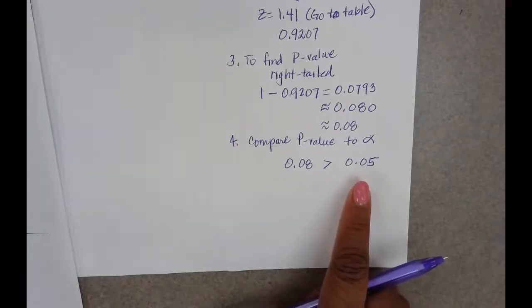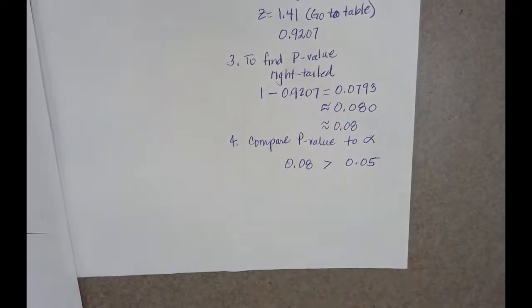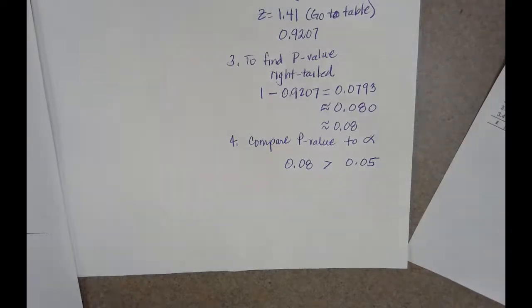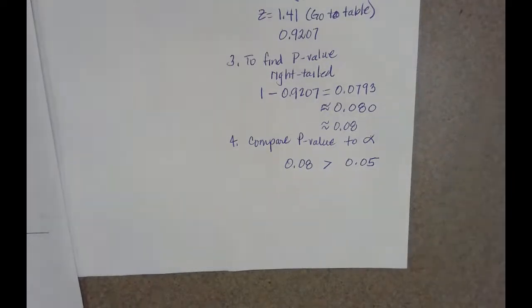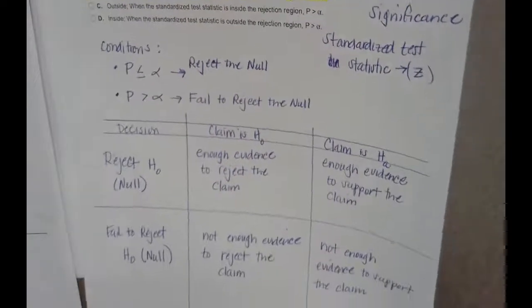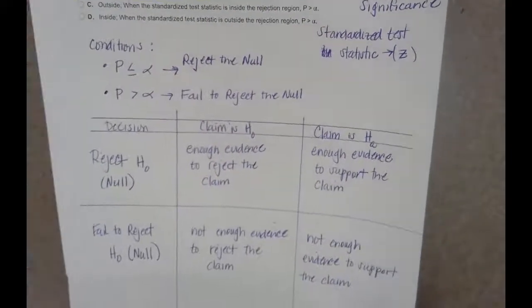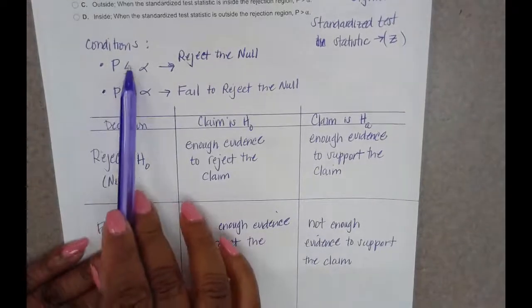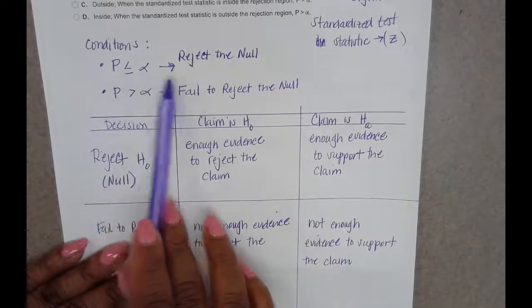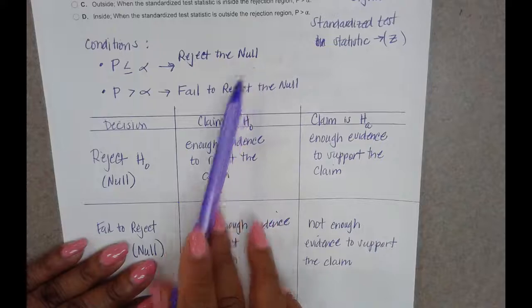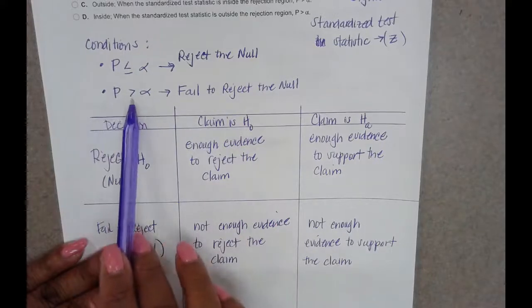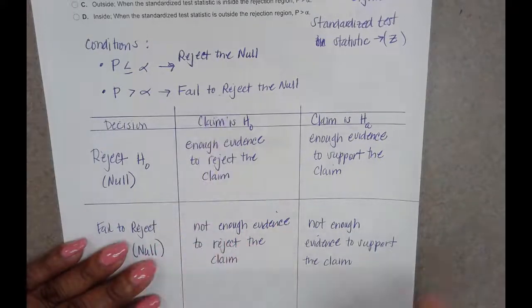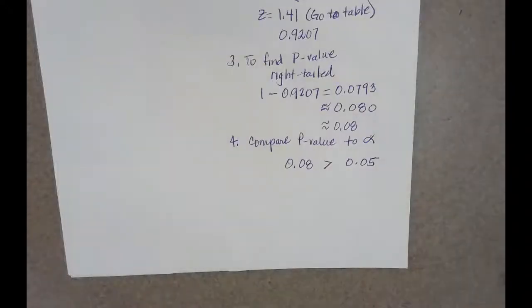That gives us indication on whether or not we will reject or if we will accept our null. That goes back to this from problem number 9. Let's go back to our conditions. When the p-value is less than or equal to alpha, we reject the null. When the p-value is greater than alpha, we fail to reject the null. So what will we do here? Let's look at our problem.